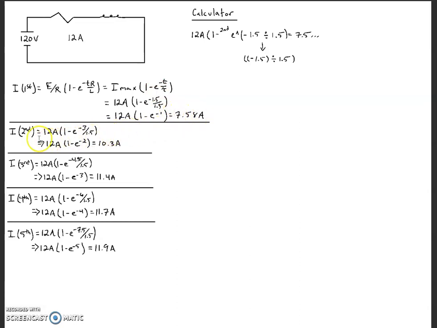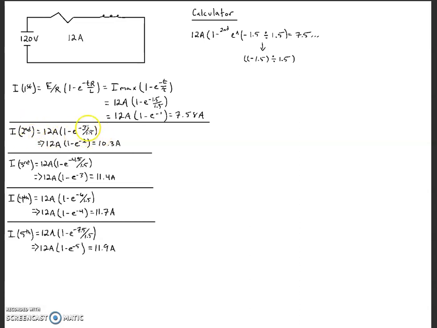Now if we take this calculation to each time constant, 1.5 is the first time constant. We add another 1.5, this is the second time constant, and we keep adding 1.5 for the 3, 4, and 5. Again, it's the ratio of where we are in time to the tau that is being applied here.